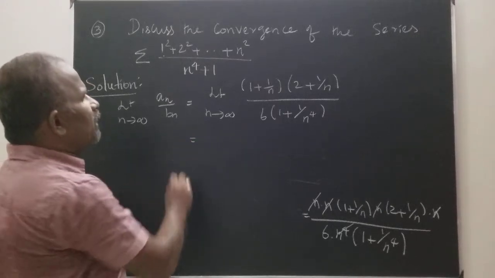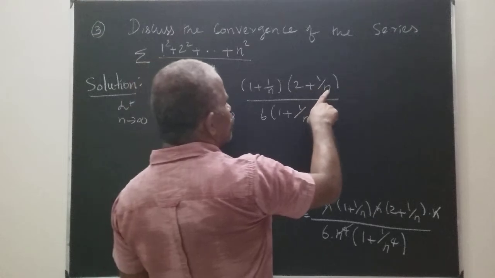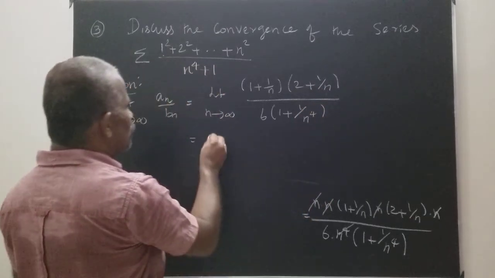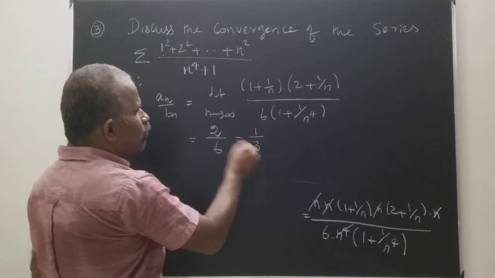So applying the limit here, we know that the limit as n tends to infinity of 1 by n is 0, 1 by n power 4 is 0. Therefore you can get 2 divided by 6. This is equal to 1 by 3.